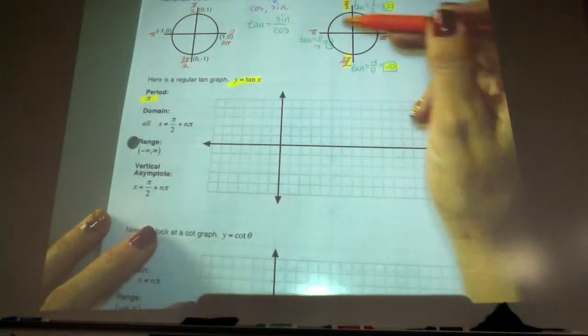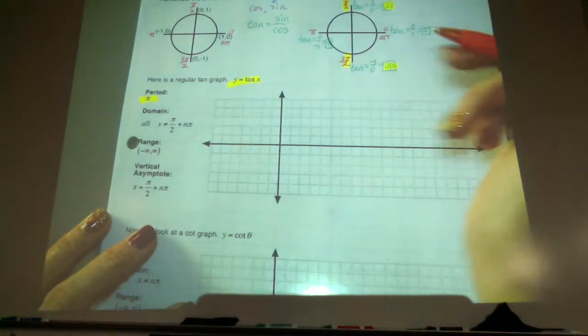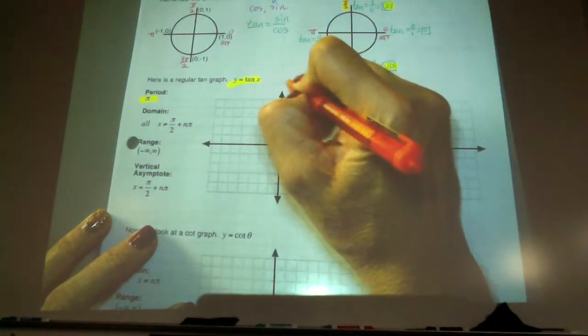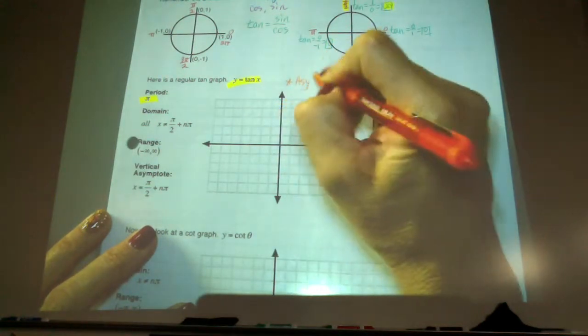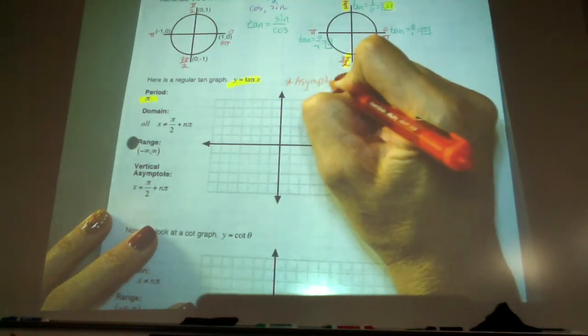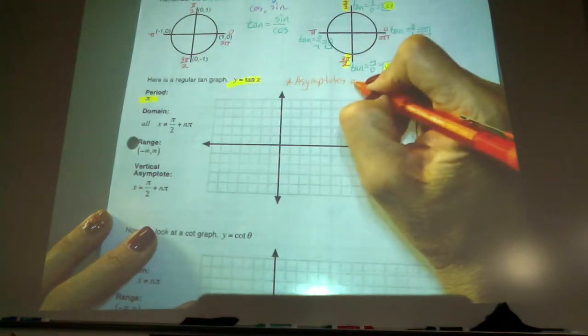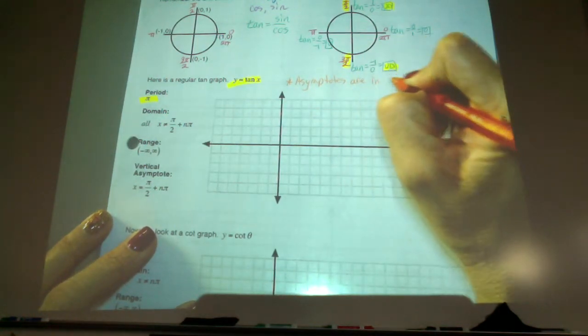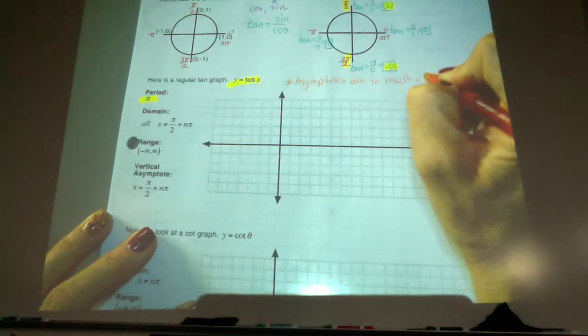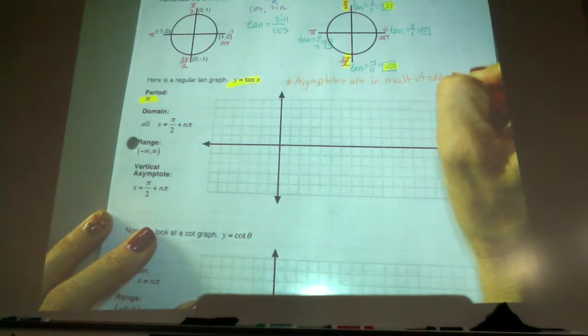So for here, we've already realized that at pi over 2 and 3 pi over 2, we're going to have asymptotes. So the asymptotes are going to be in multiples of odd pi over 2.